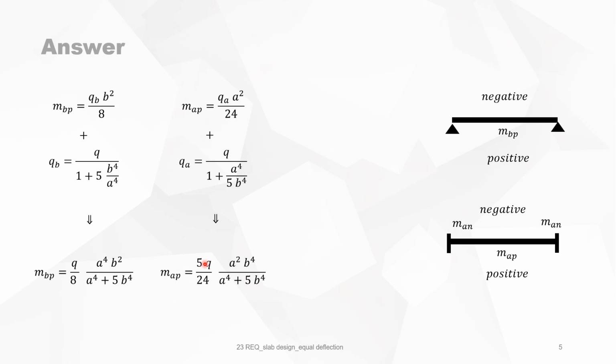By substitution, you get this formula. And then for MAN, the negative bending moment in direction of A is of course QA a squared over 12, and it gives you this formula by substitution.